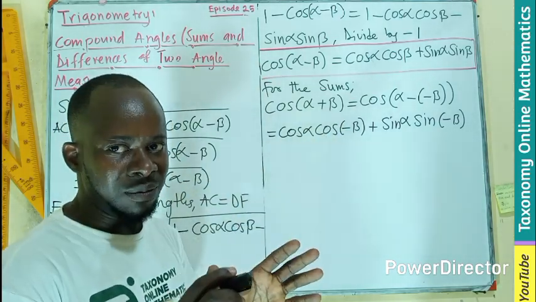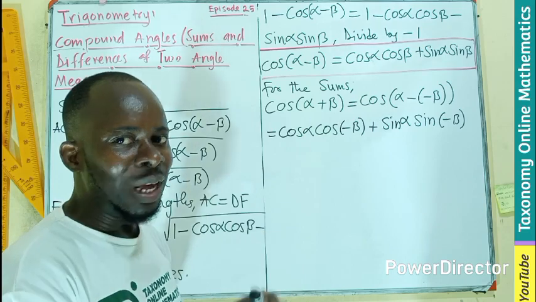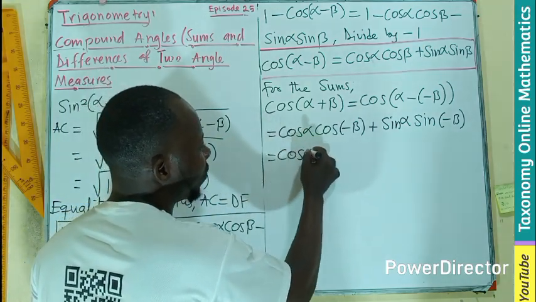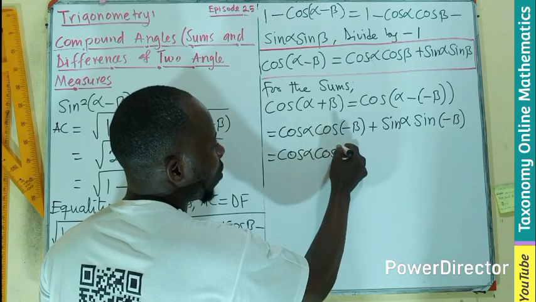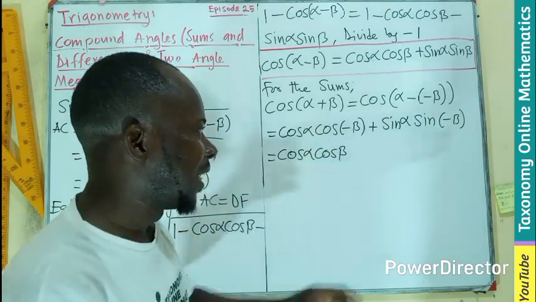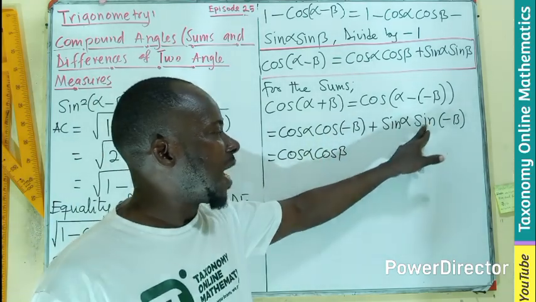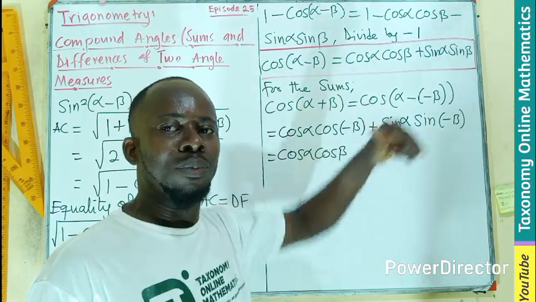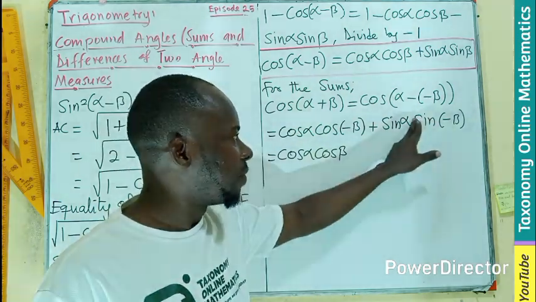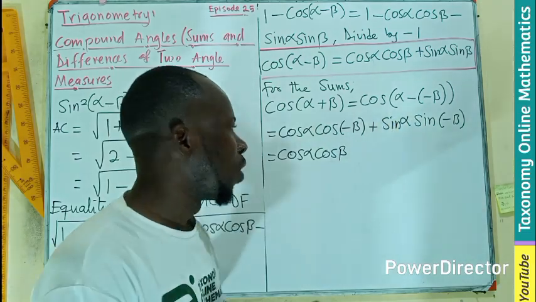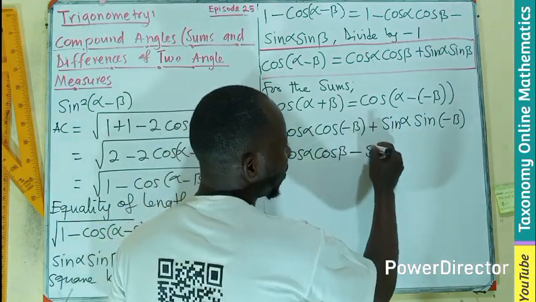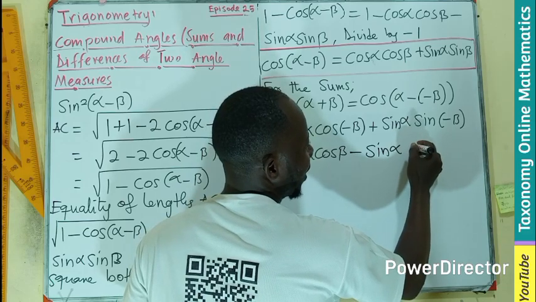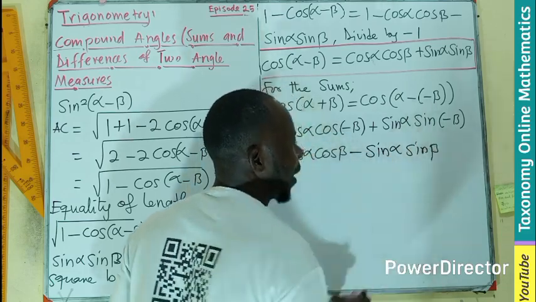Cos beta, as positive, from the previous episode that we did. So this will still remain the cos of alpha, the cos of beta. Then the sine of a negative beta is equal to negative sine beta. So the negative will shift in front of this. We need to multiply all of them to give you negative sine alpha and sine beta.